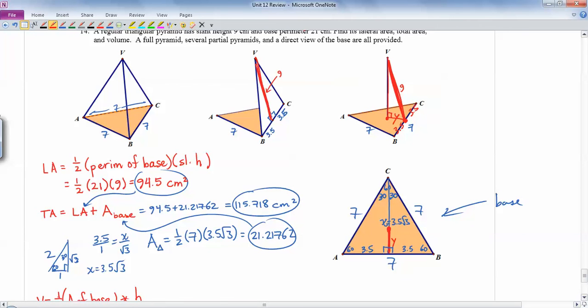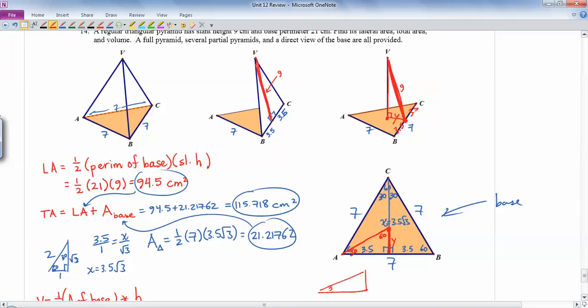Okay, so let's try doing this. Let's cut this up. If I do that, I just cut that 60 in half. So that's 30, which means this little triangle is also a 30, 60, 90, just oriented differently.